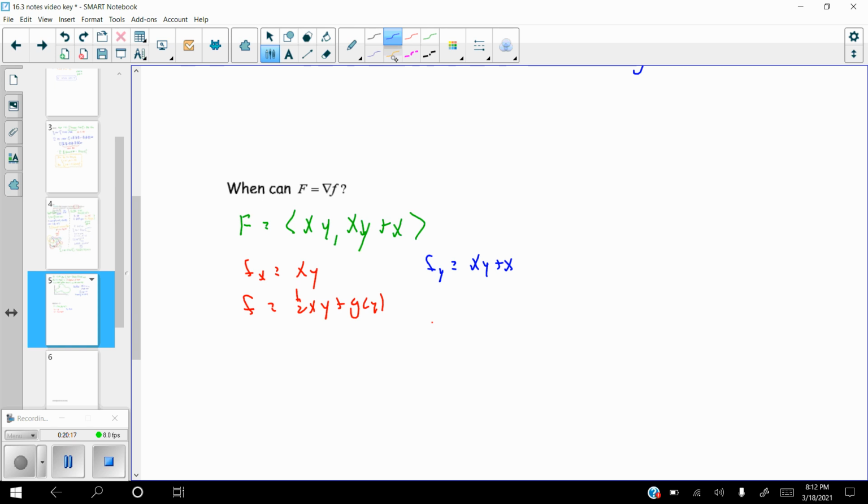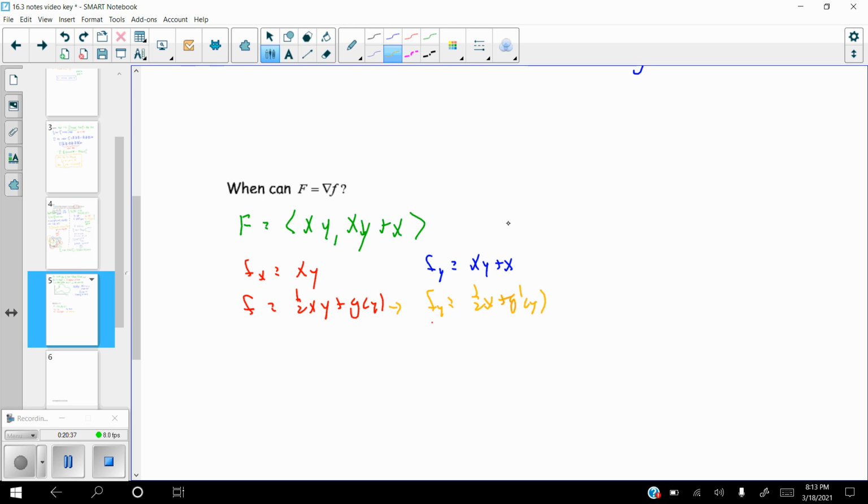And if we take the partial with respect to y from the f part, you're going to get that f sub y equals 1/2 x plus g prime of y. Those two things don't match at all. There's no way to match any of the pieces because that 1/2 x doesn't match anything from the top one.